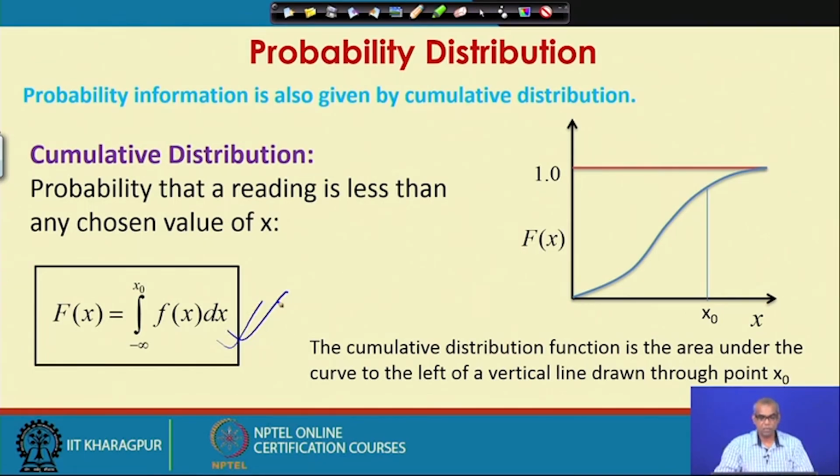So, it is the probability that a reading is less than any chosen value of x. So, this is the cumulative distribution.